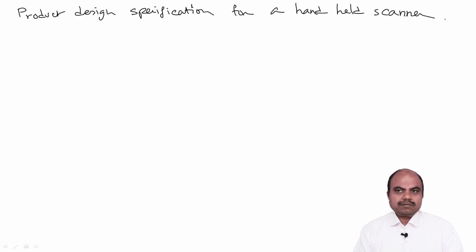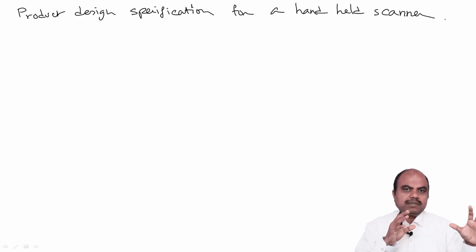A handheld scanner is also used to find out dimensions sometimes. It could also be used to find some error in machining, and in several other applications. It could also be used to scan something and put it in the computer as a product. There are various applications.